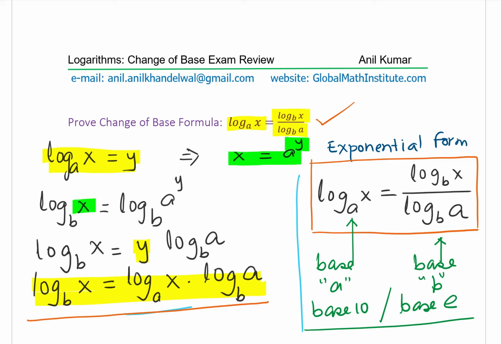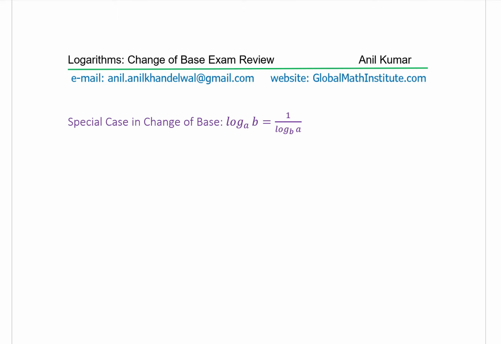Now let's take up a very special case of this change of base formula. We need to show that log to the base a of b is 1 over log to the base b of a. This is what we need to show. So let's begin with what we are given. We are given log to the base a of b.